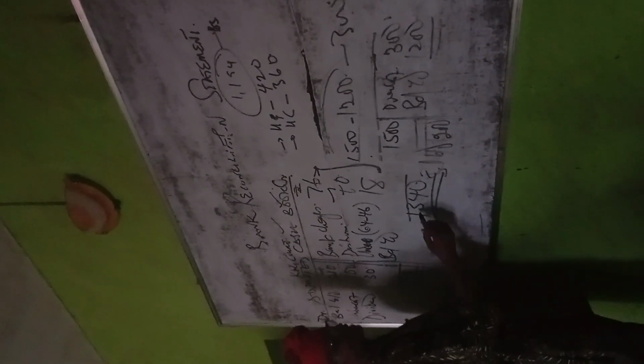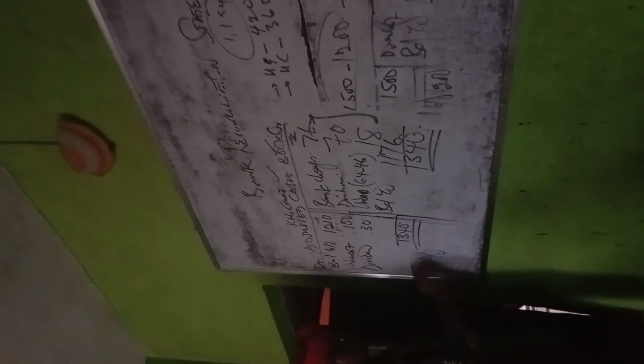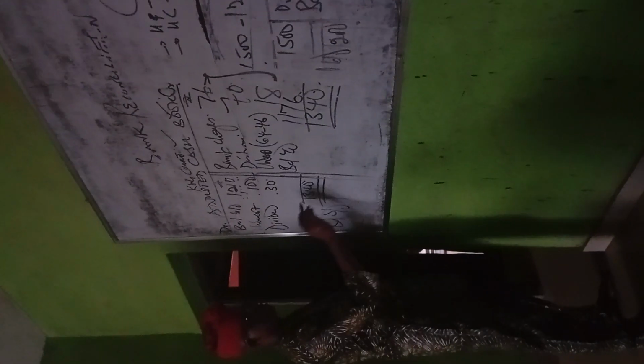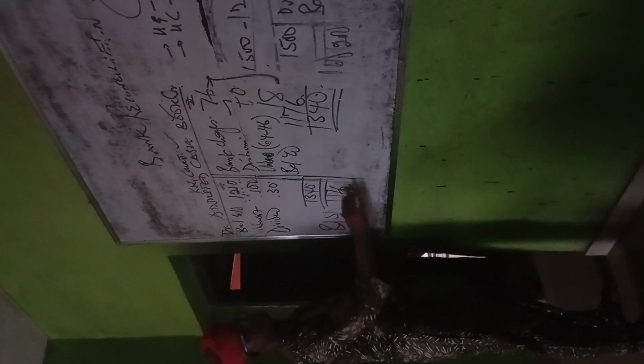Or 1,340 minus 164. 1,176. That is the new balance we should have in the cash book. Should have been 1,176. Now we prepare the second leg of the question before we stop on this half.